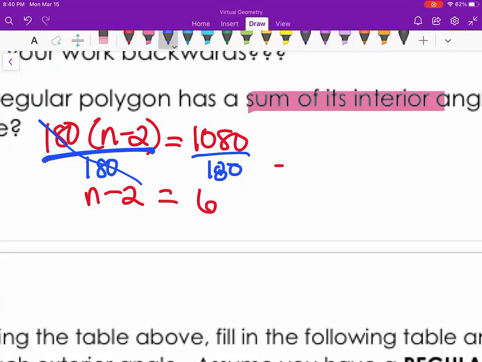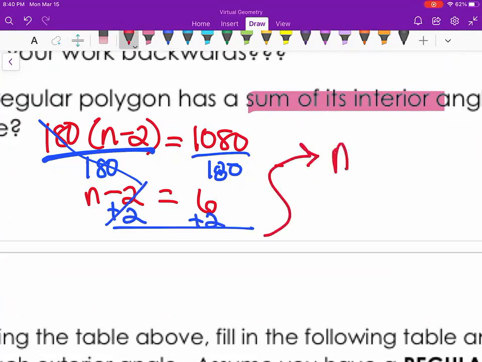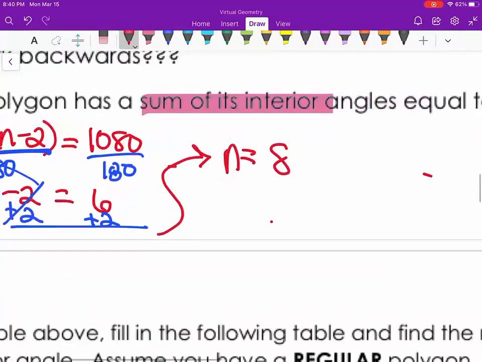Now we can keep solving this. Let's add that 2 back over, and so my number of sides is 8. And so there is my answer: find the number of sides if I know the total.